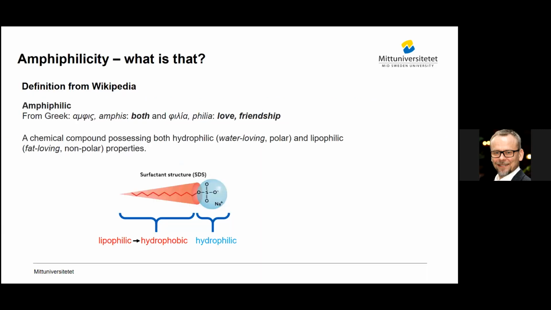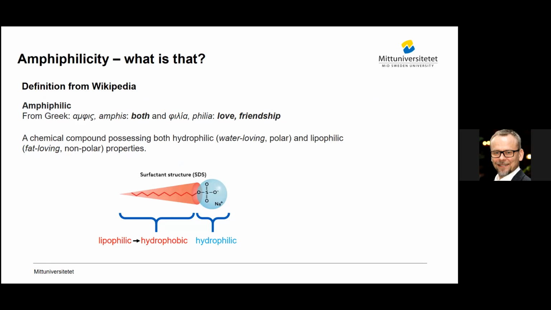Okay, amphiphilicity, what is that? If you look in Wikipedia, you can find a definition, which is quite all right, I would say. It comes from Greek, as most of the science words we're using do, and amphis in Greek is both, and philia is love or friendship.